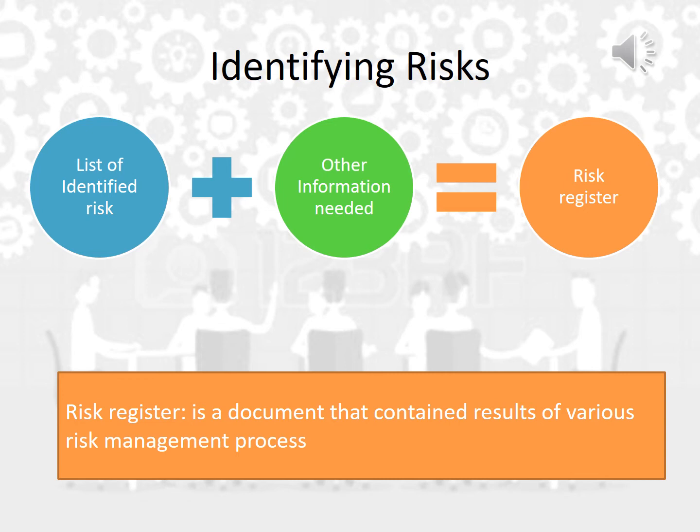So it is a file, a document, that will contain the results from managing these risks. That output can be achieved by having a list of identified risks, which we can get by using one of the 4 common techniques to identify risks, plus other information needed. We'll try to explain further and work through one example in the following slide, inshallah.